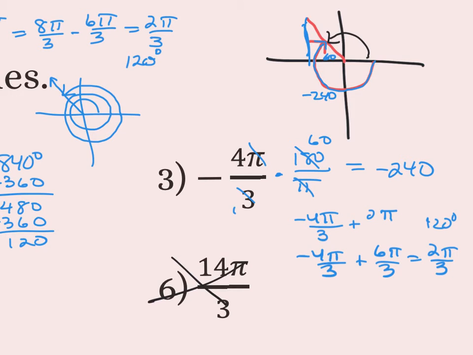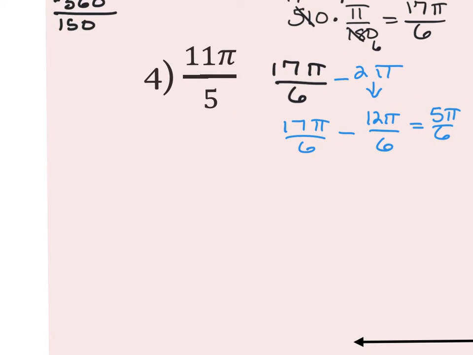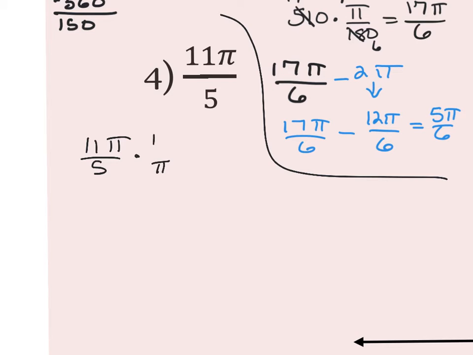Let me go over here to number 4. I know I've written in that area. So again, if we wanted to convert it, just to see, because we're so used to degrees, cancel. 5 goes into 180 36 times. 11 times 36 is 396.